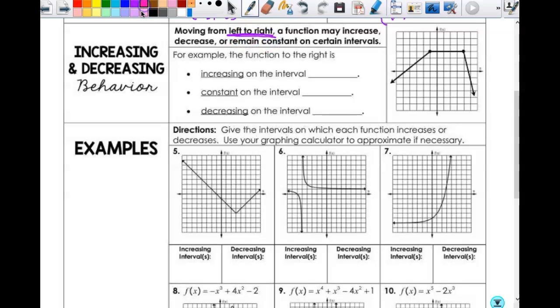We are always moving from left. Negative infinity to 1, or -1, is where it's increasing. I never include negative infinity. Right?